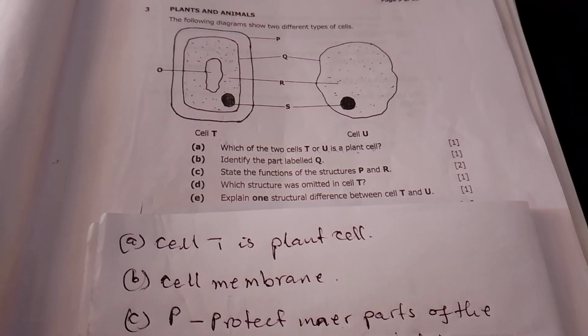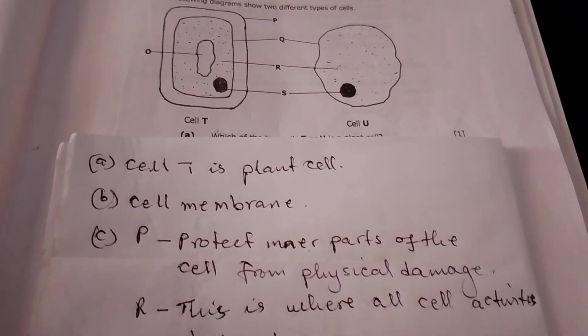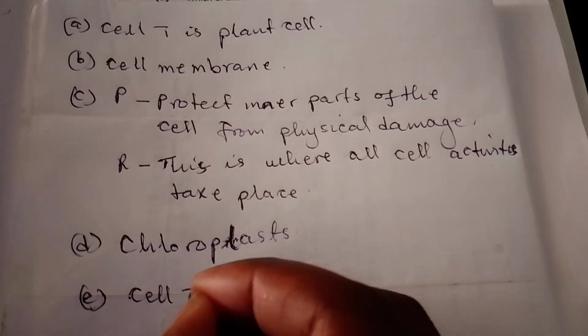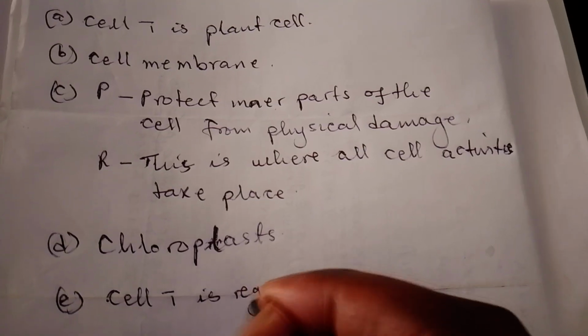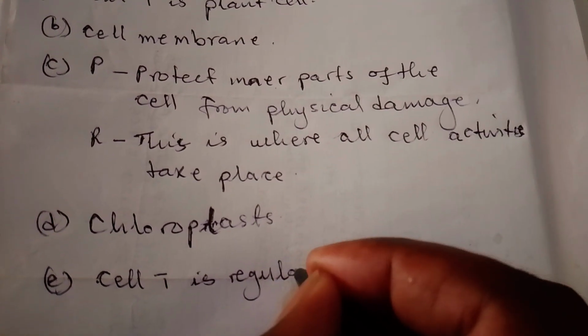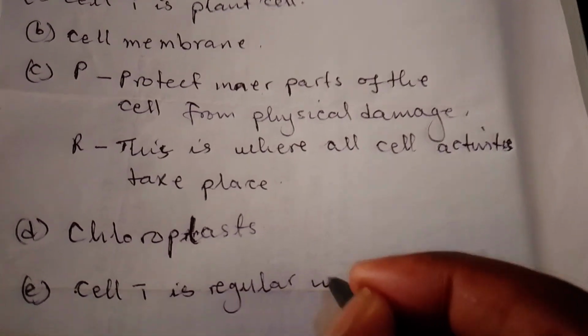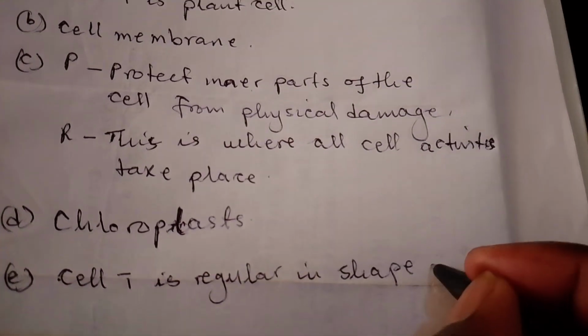Cell U is irregular. So we can say cell T is regular in shape.